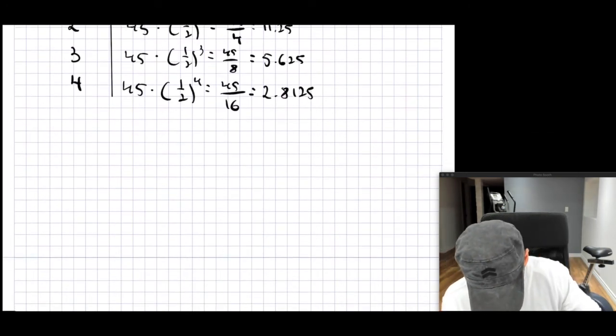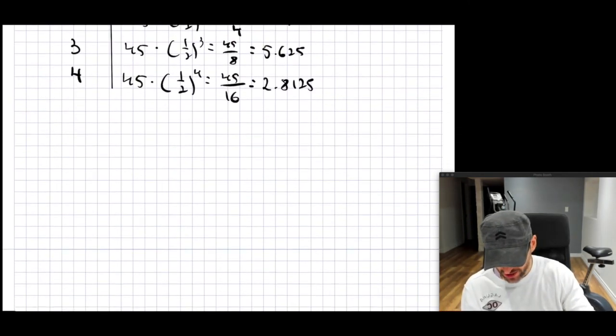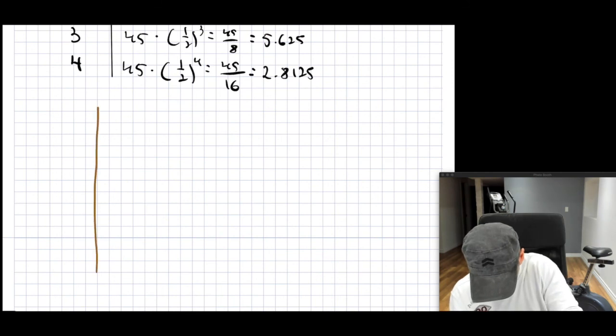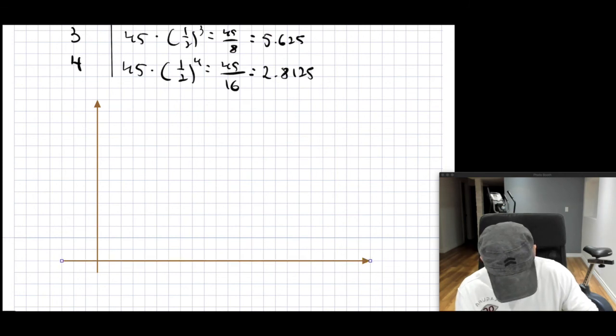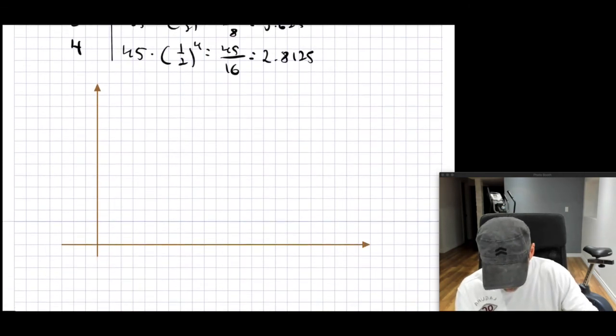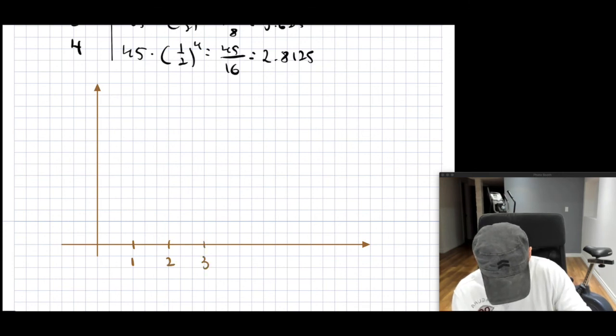So for this one, if you're going to graph it, again notice these are all positive and we're between 0 and 4. So I'm going to pick this off in this direction, between 0 and 4. So 1, 2, 3, 4.